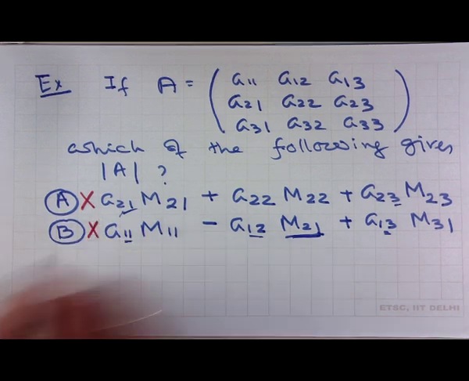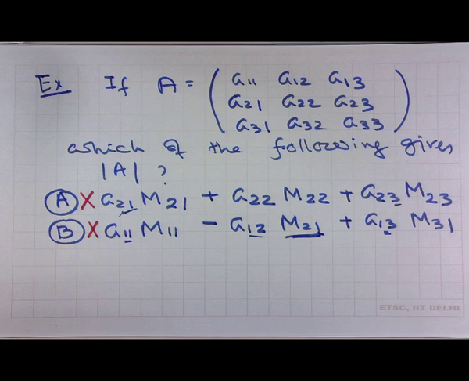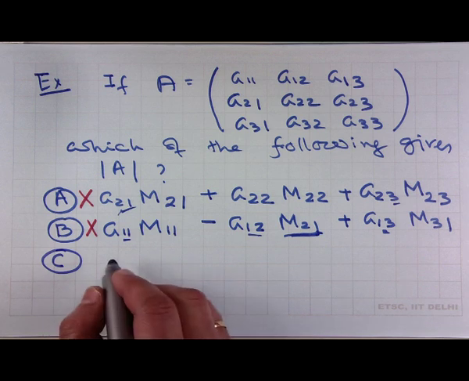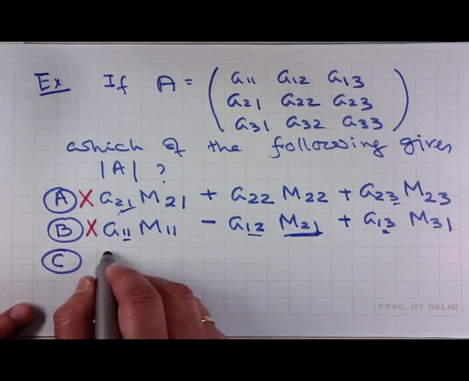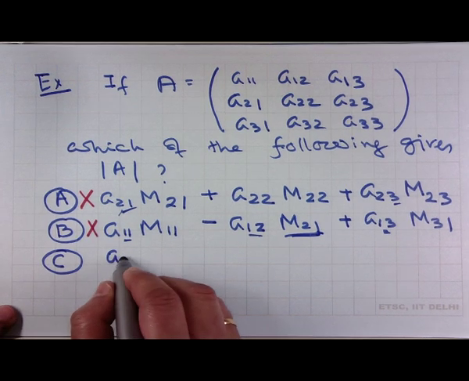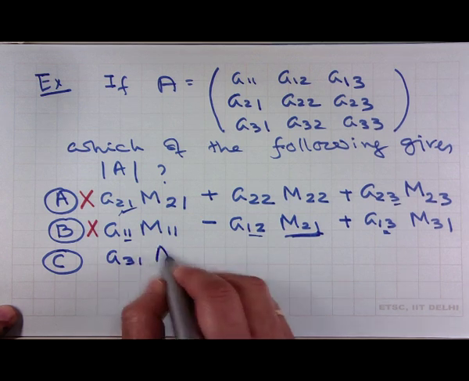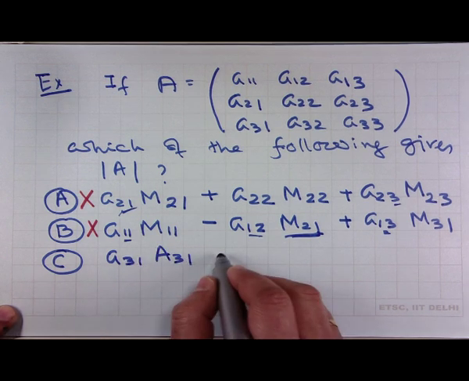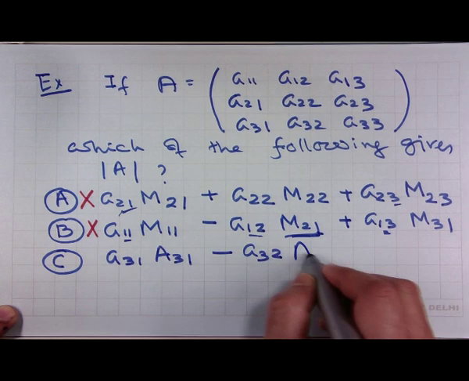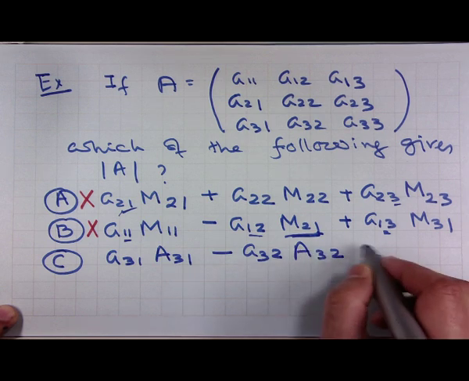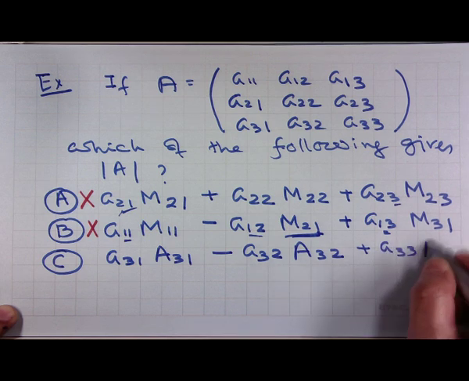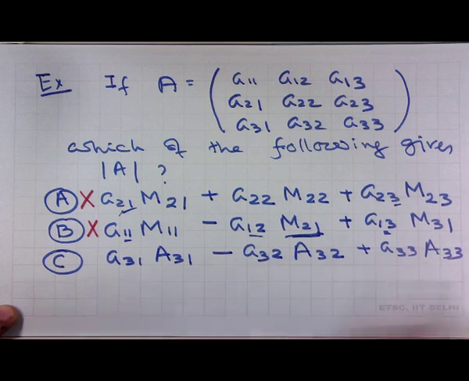Therefore, this is also wrong. Option C: A31 into C31 minus A32 into C32 plus A33 into C33.